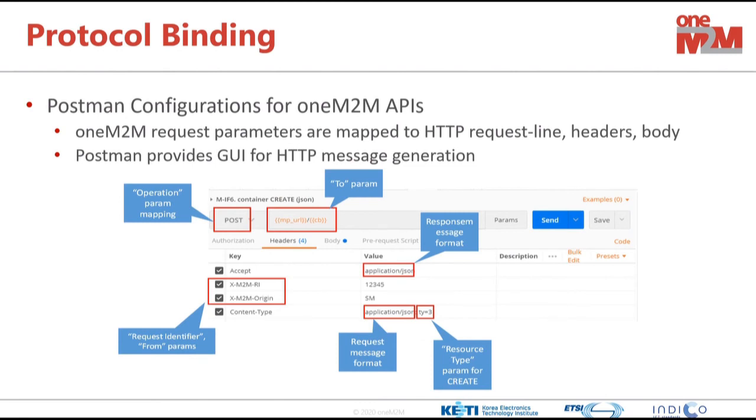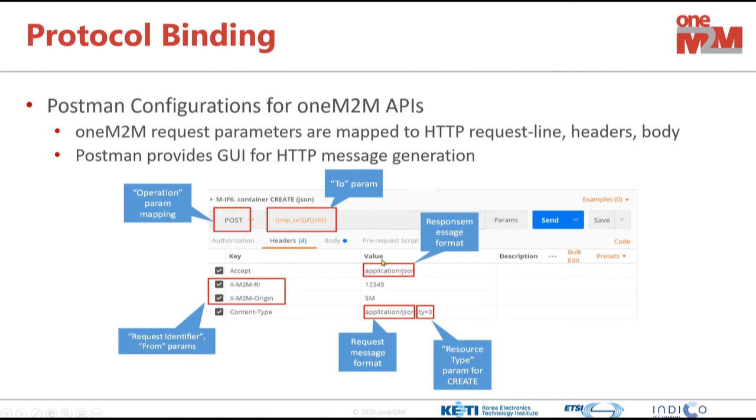And this is the Postman UI and the explanation of what kind of oneM2M parameters should be mapped into the Postman UI components. For example, the headers will be listed here, and the To parameter with the server address here, and the operation will be mapped into HTTP methods.